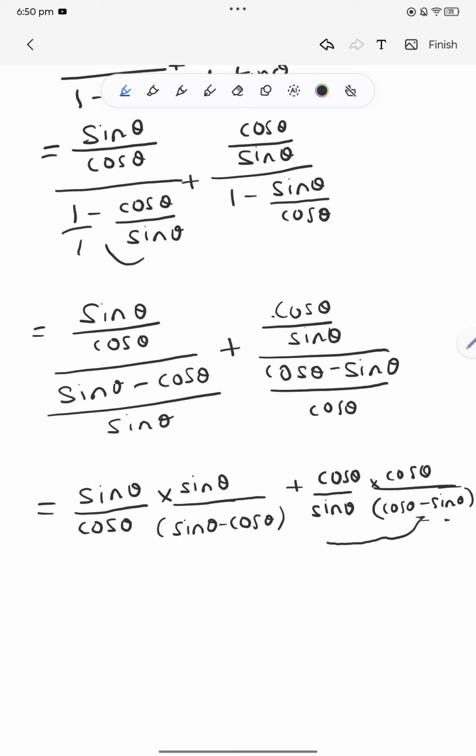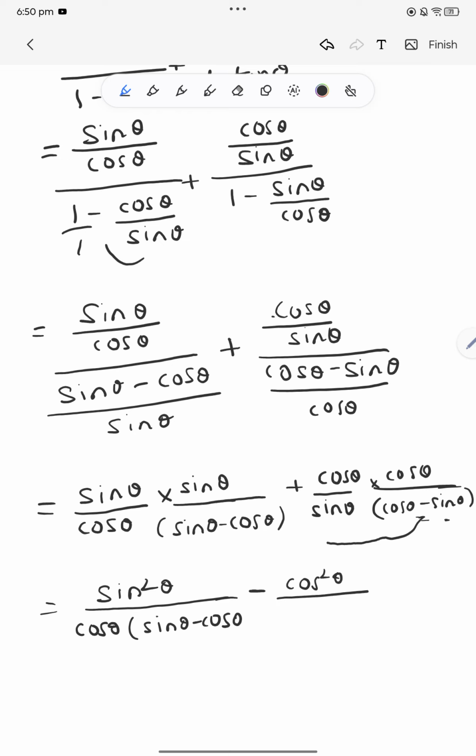So see here, sin into sin square theta divided by cos theta into sin theta minus cos theta. This will become minus, I will change here. So cos into cos square theta, whole divided by sin theta.